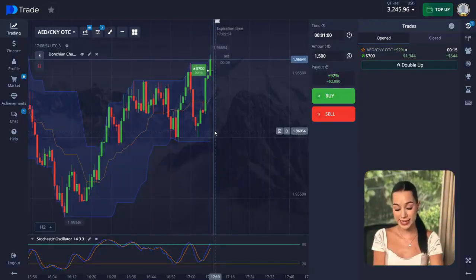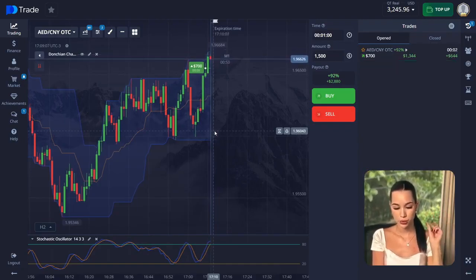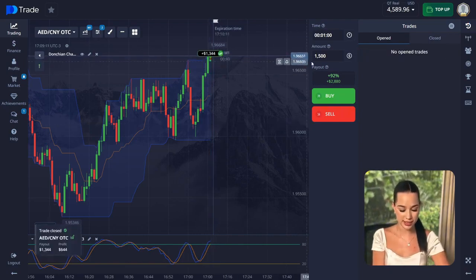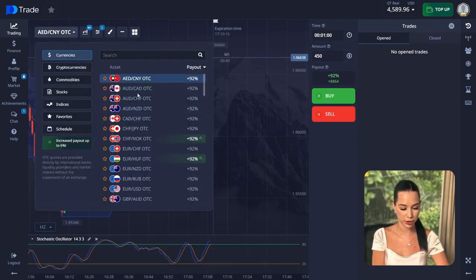So as you can see, as I told you before, our chart is rising and rising. Our price is going higher. It's 10 seconds till the end of our trade. And 5, 4, 3, 2, 1. And we close this trade in a plus, guys. Congratulations to us. We changed our amount of money to $450.